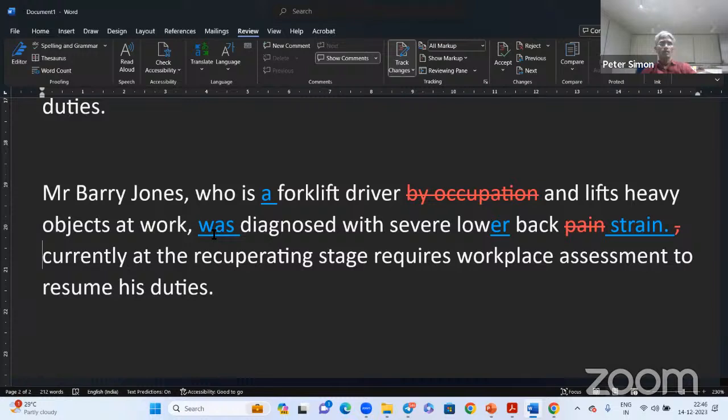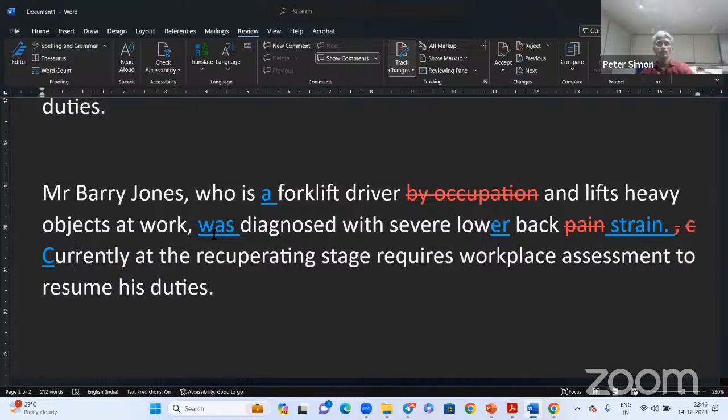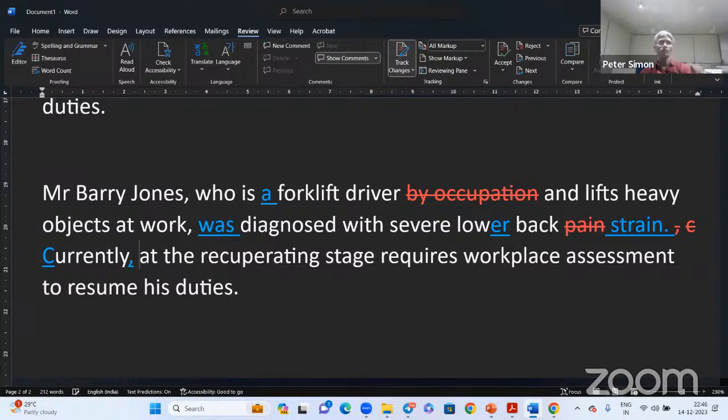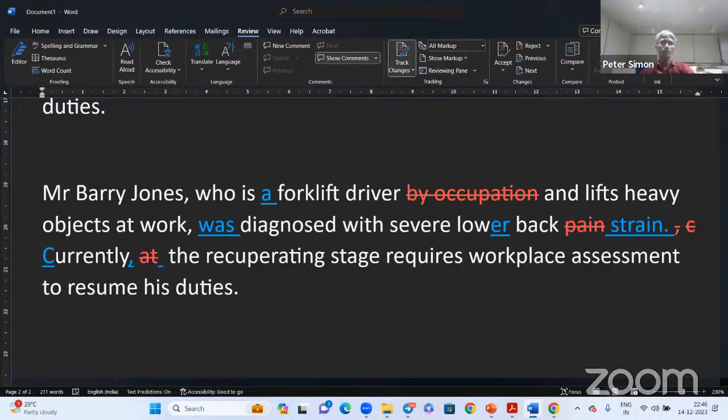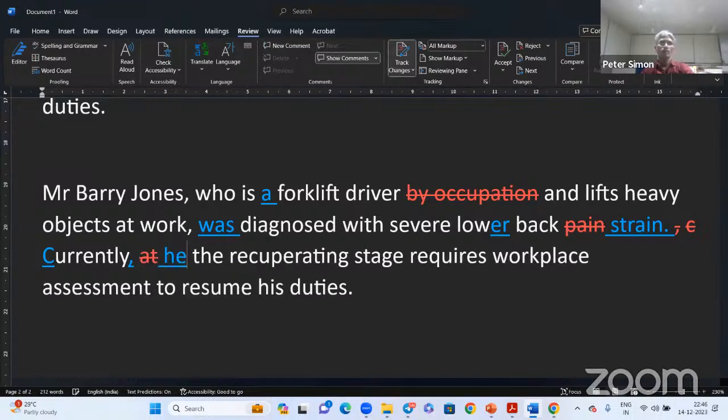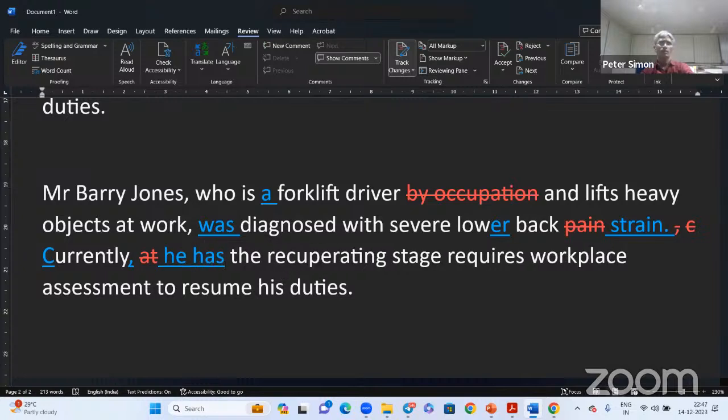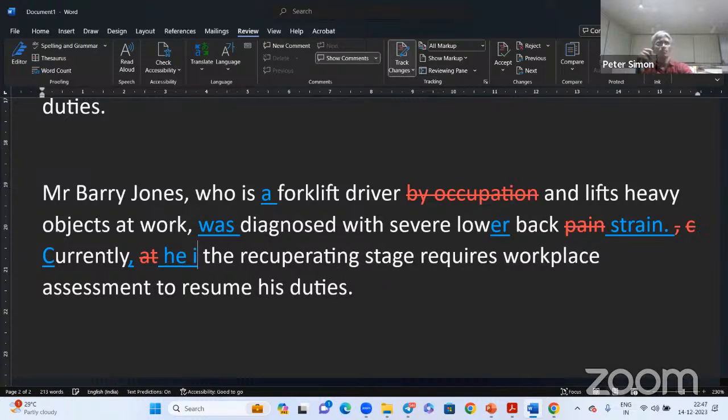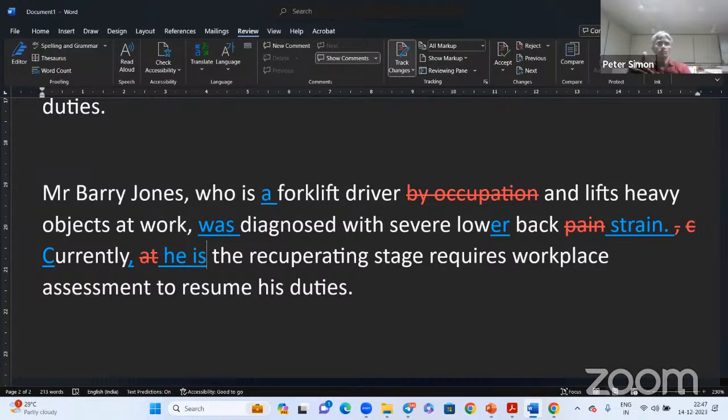Okay, currently, whenever you use adverbs alone, okay, currently he has... Currently means he is. Currently means now.